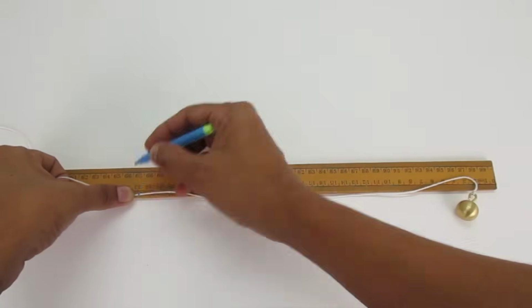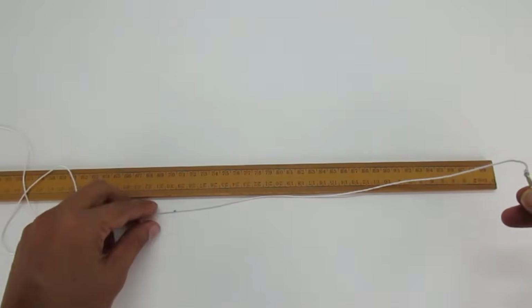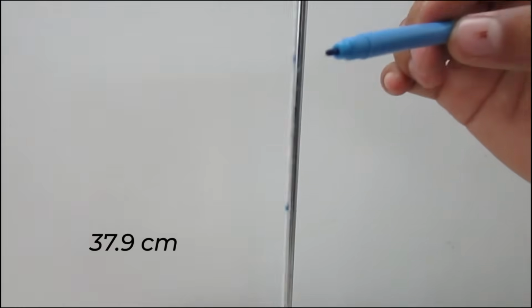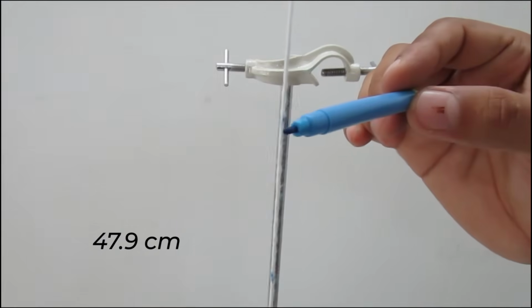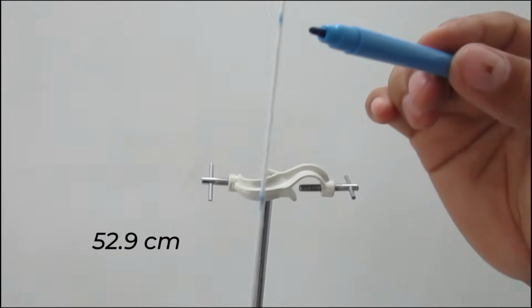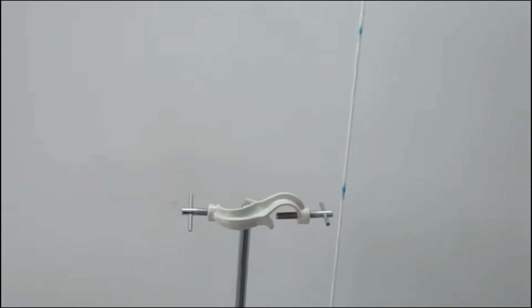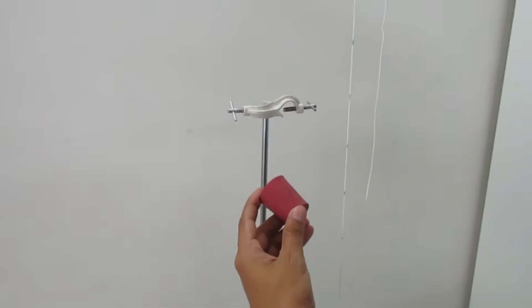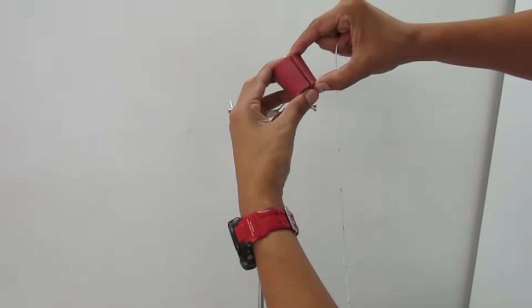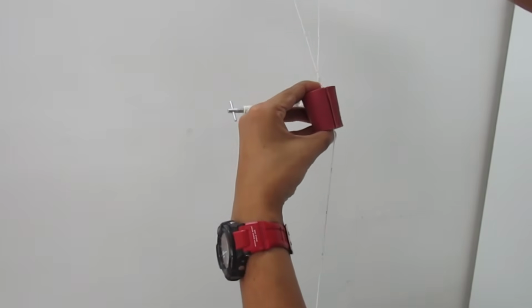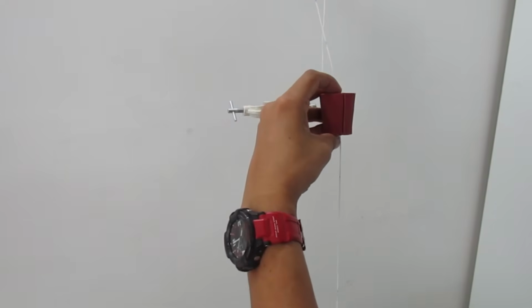Similarly, mark 5 more points on the thread at distances 37.9, 42.9, 47.9, 52.9 and 57.9 cm respectively. After that, pass the thread through the 2 halves of the split cork, coming out just from the first ink mark.